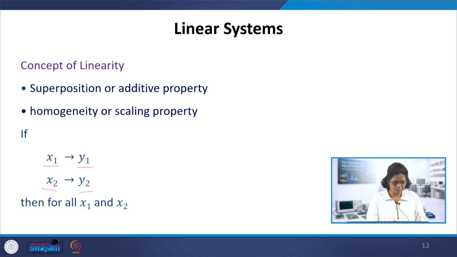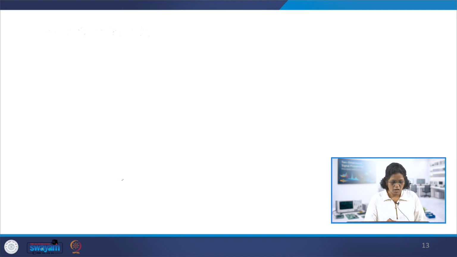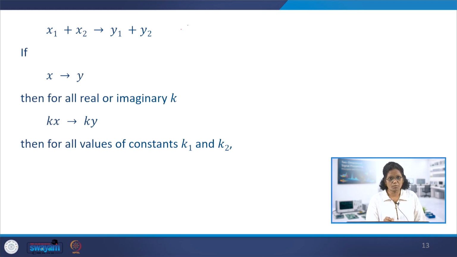If x1 and x2 are combined, that is added, the output should be y1 plus y2, which was obtained for the individual inputs. When you combine these two, they should give the y1 plus y2 output. Then the superposition property, the theorem, is satisfied.